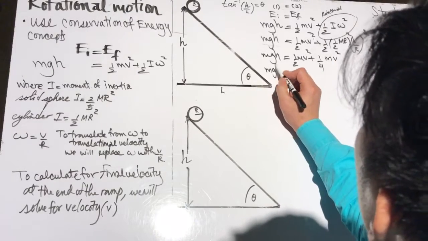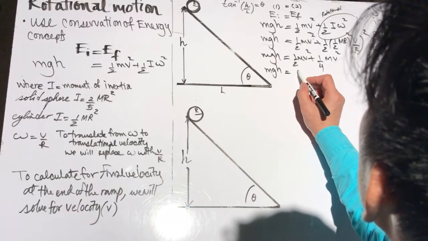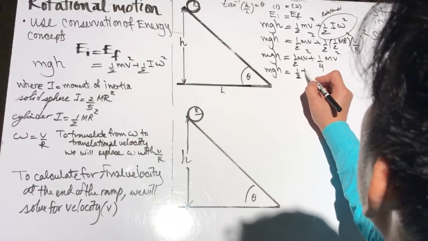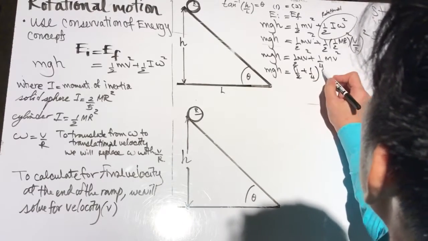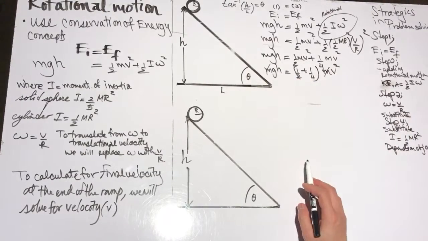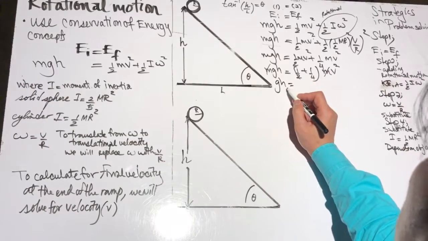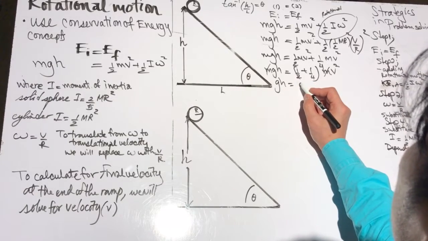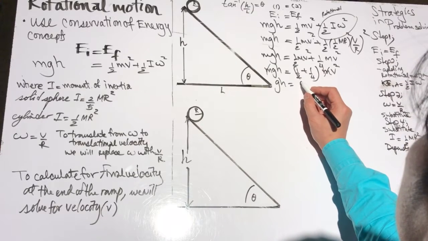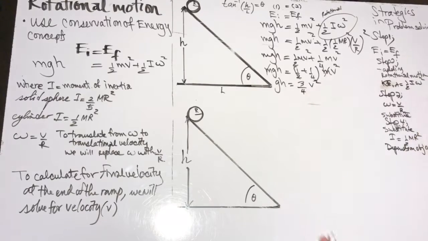At this point, I have mgh is equal to, I combine these two, so it will be 1/2 plus 1/4 mv squared. So now I'm starting to cancel things out. On your left hand side, I have g times h, which is the height. And on this side I have 3/4 velocity squared.